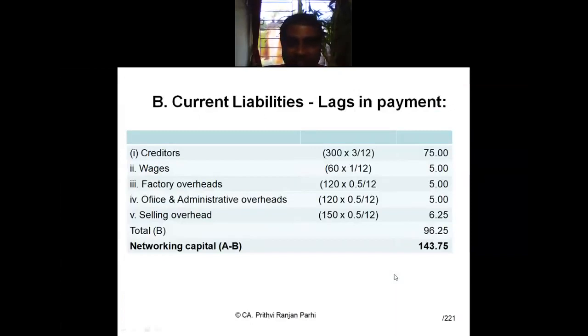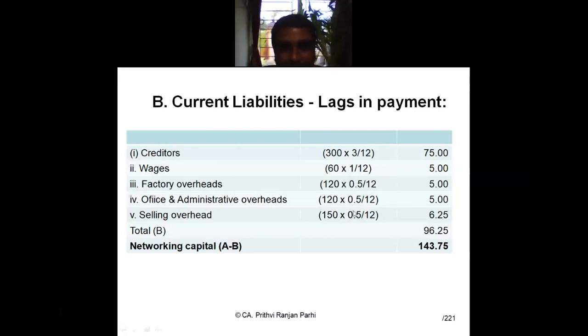Now current liabilities. In a similar manner we estimated creditors: 75 for 3 months. Then wages are for one month. Factory overhead 0.5 months, 15 days.